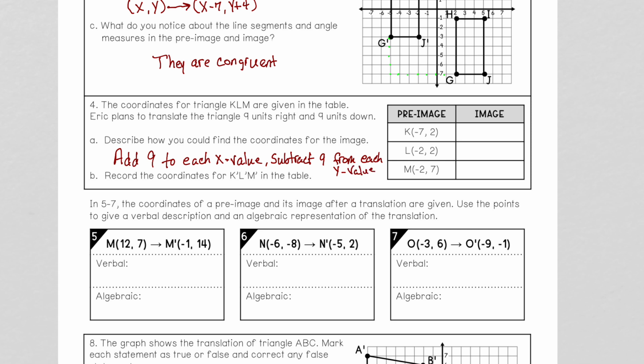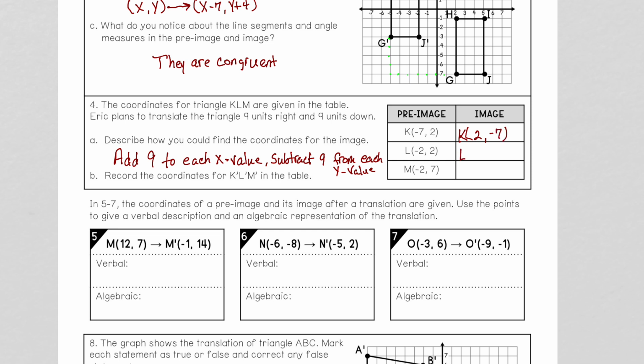Now it tells us to record the coordinates for KLM, those are prime, in the table. So our K, when we add 9 to the X, would be at 2, and take away 9 from the Y, or go 9 down from the original Y coordinate, would be -7.